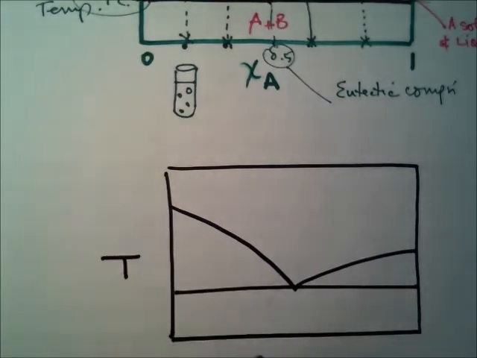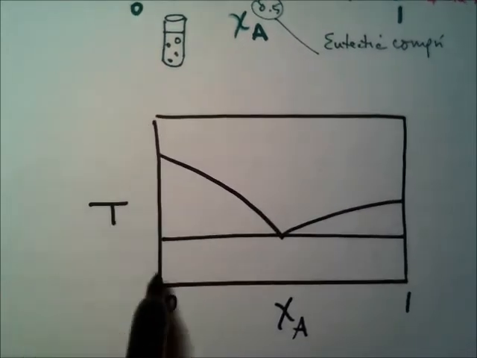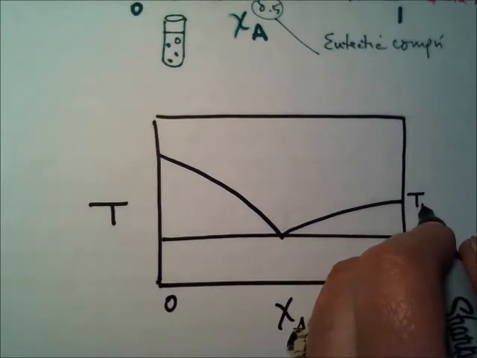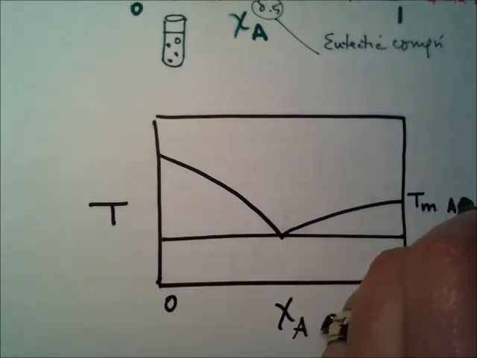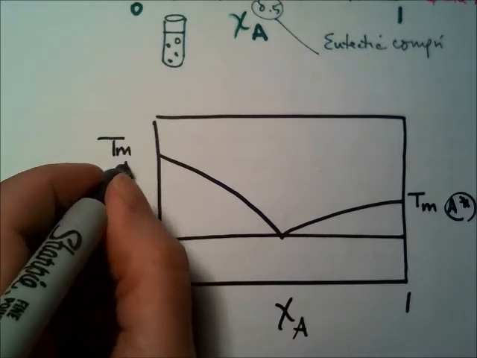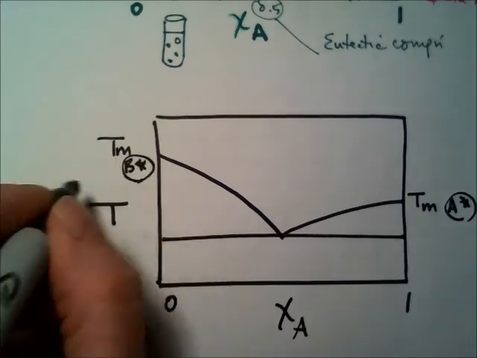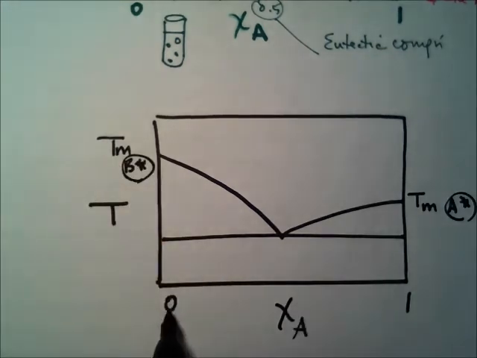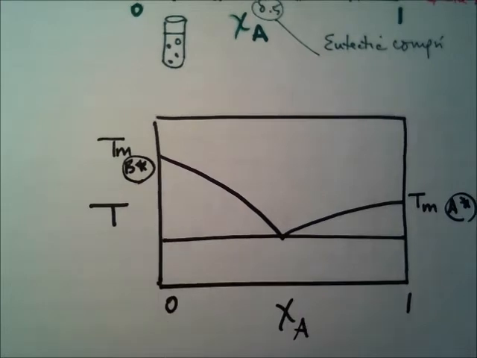And this is temperature, this is mole fraction. This is the Tm of A, and this would be the melting point of B, because mole fraction of A is 0 there.